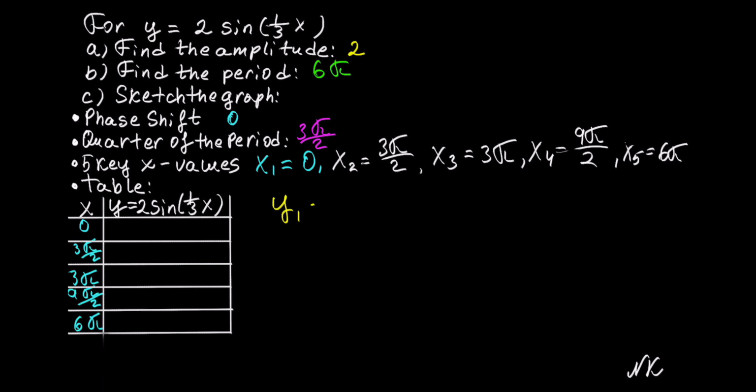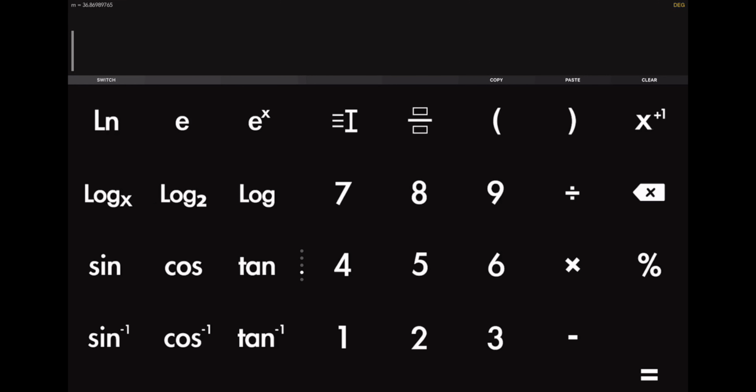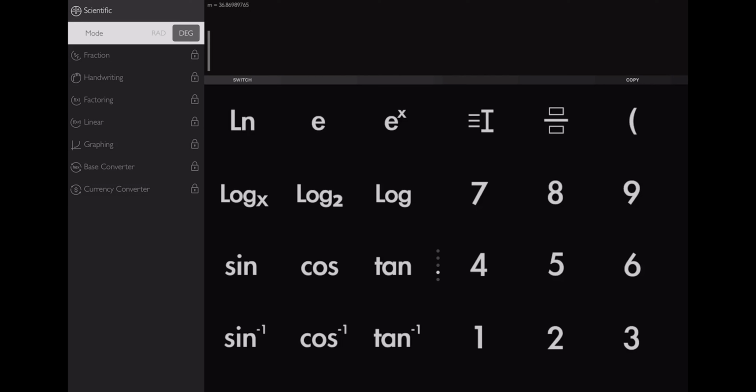The first y value can be calculated by taking 2 sine of 1/3 of x and substituting the first x value into it, which is 0. So we get y1 is equal to 2 sine of 1/3 times 0, which is equal to 0. When you plug this into the calculator, make sure you are in radian mode.